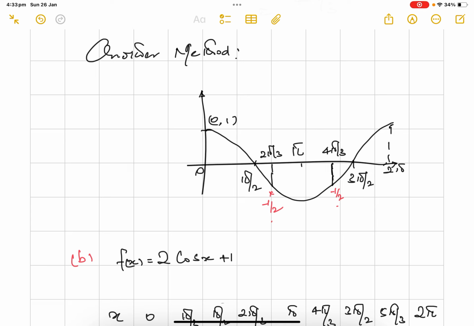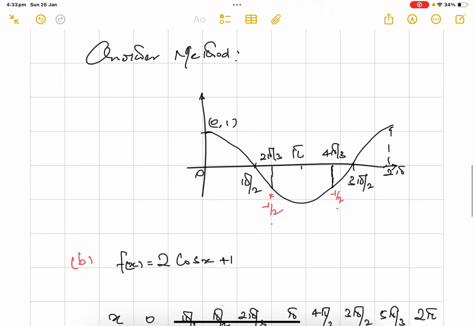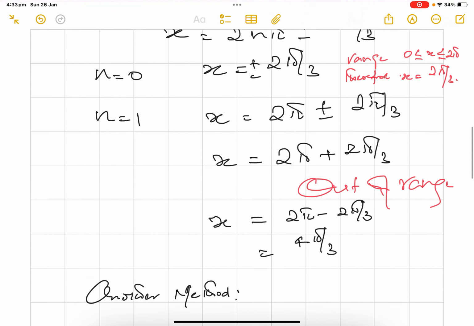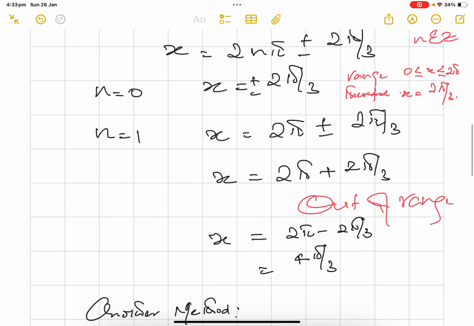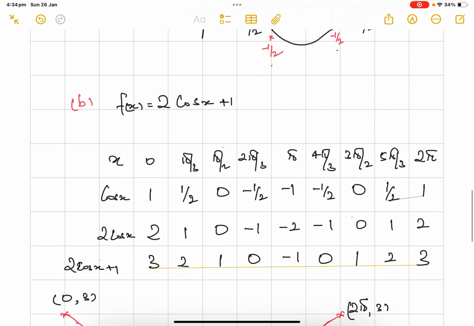Looking at it symmetrically, there is another minus half. One is 2 pi by 3, the other is 4 pi by 3. Those are the two values of x that satisfy 2 cos x plus 1 equals 0, with the limits 0 and 2 pi.